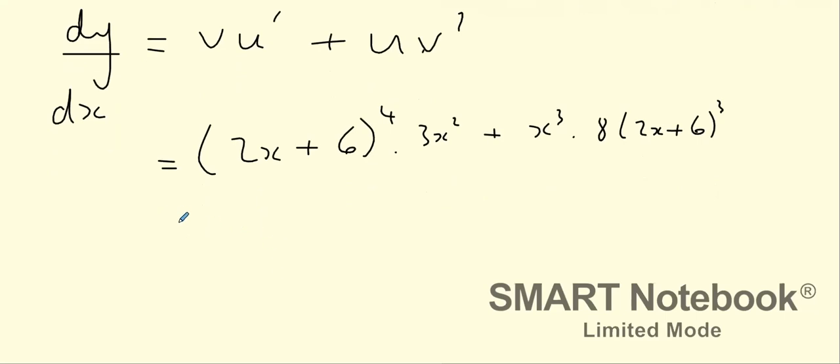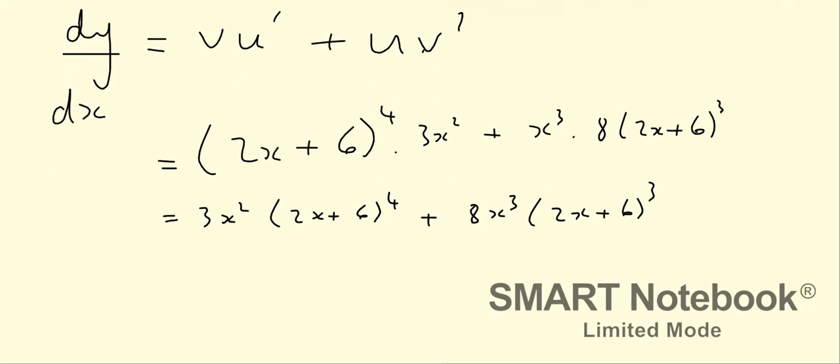Now here is where writing it in a nice neat format helps massively. So 3x squared (2x + 6) to the power of 4 plus 8x cubed (2x + 6) to the power of 3. So go through this process, 3 and 8, nothing common. Then x squared and x cubed. Right, okay, so I'm going to write x squared common, and then I'm looking at these brackets.